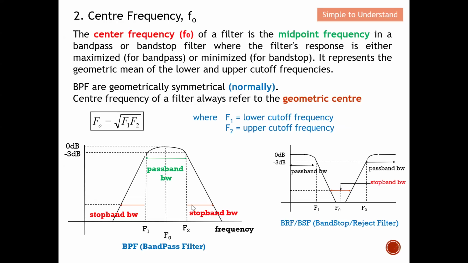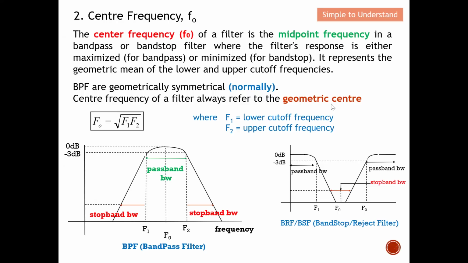Most of the time when we design a bandpass filter, they satisfy the so-called geometrically symmetric condition. Like I mentioned, the left-hand side and the right-hand side are identical. So the center frequency of a filter is sometimes also referred to as the geometric center.